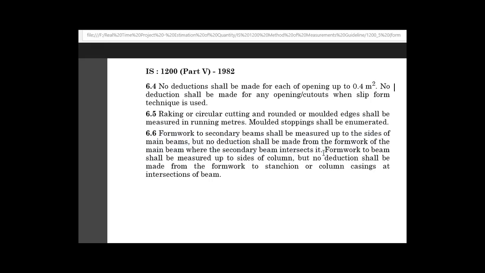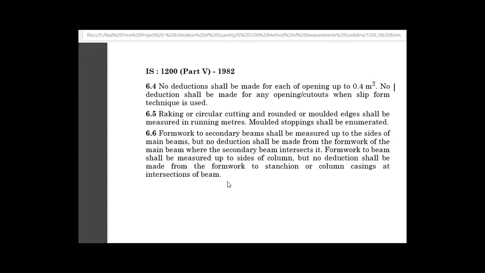About this we have already discussed in the last video lecture while finding the shuttering quantity of the plinth beam. Now further, formwork to beam shall be measured up to the sides of column, but no deduction shall be made from the formwork to column casings at intersections of the beam.